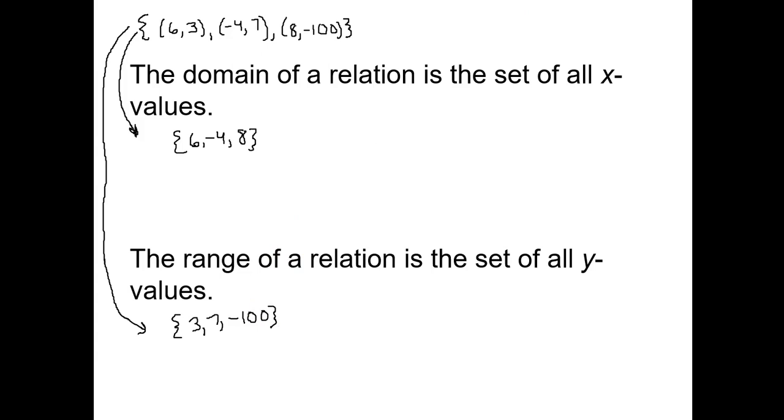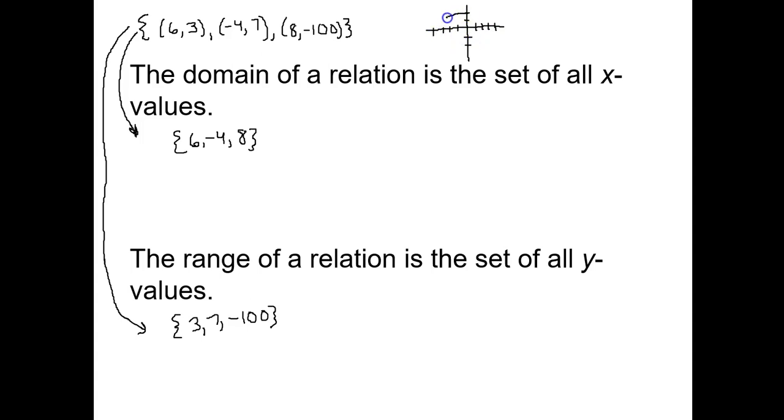But again, your relation doesn't have to just be a list of ordered pairs. It can be a graph, a continuous graph with lots of ordered pairs. So you could have something like this. Here's your x, y axes.